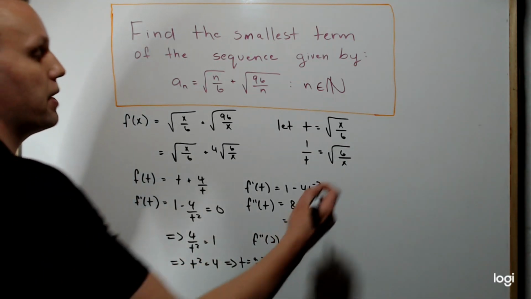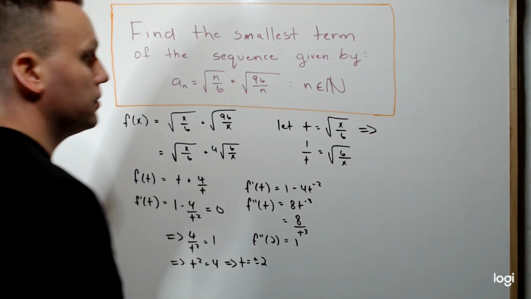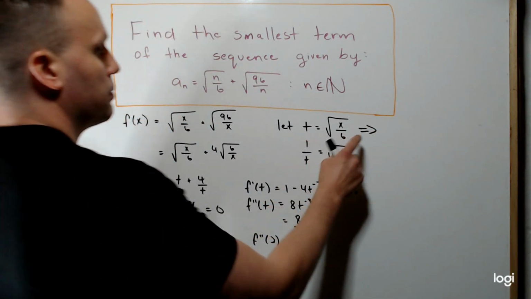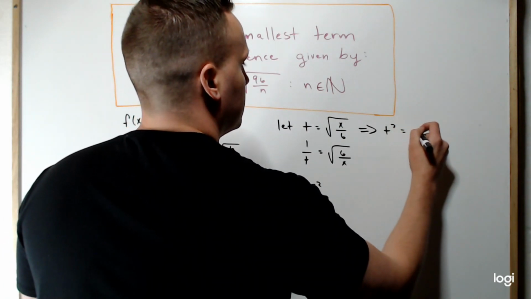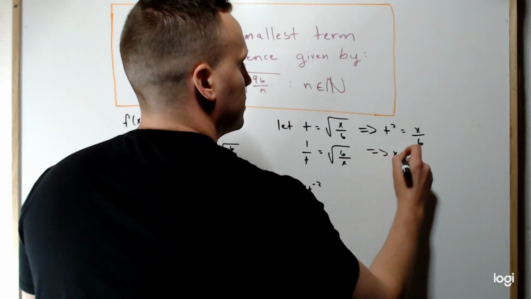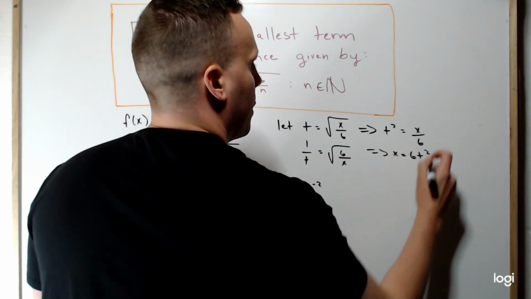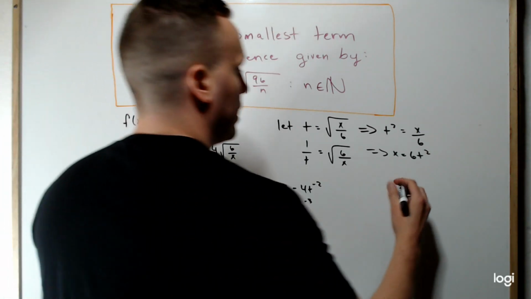So let's come back here to our original change of variable and get x. Square both sides, which tells us that t squared is equal to x over 6. And this tells us that x is equal to 6t squared. Now letting t equal to positive 2, we see that x equals 24.